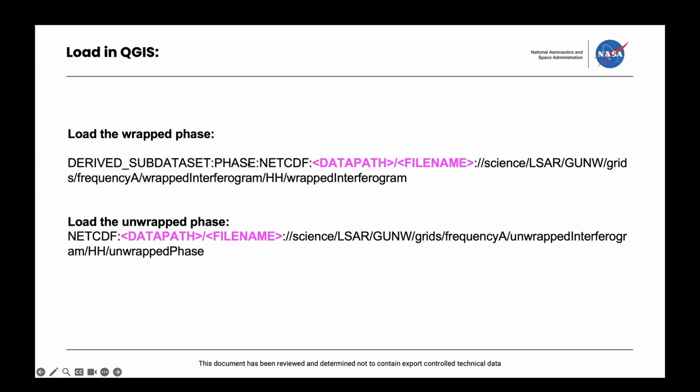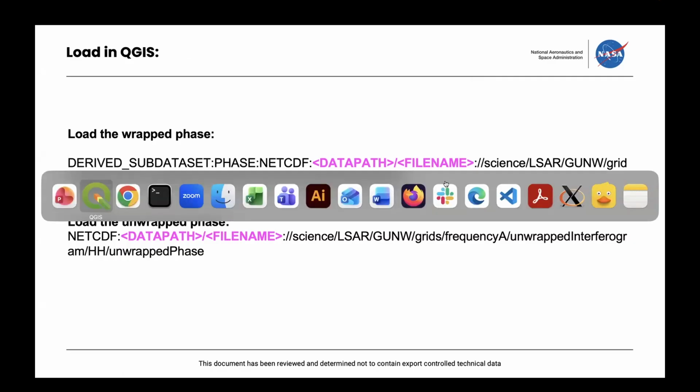Then you want to load the phase, then the netcdf file, your data path where your downloaded product lives, the file name, and this data layer. So we will go to QGIS and load that.